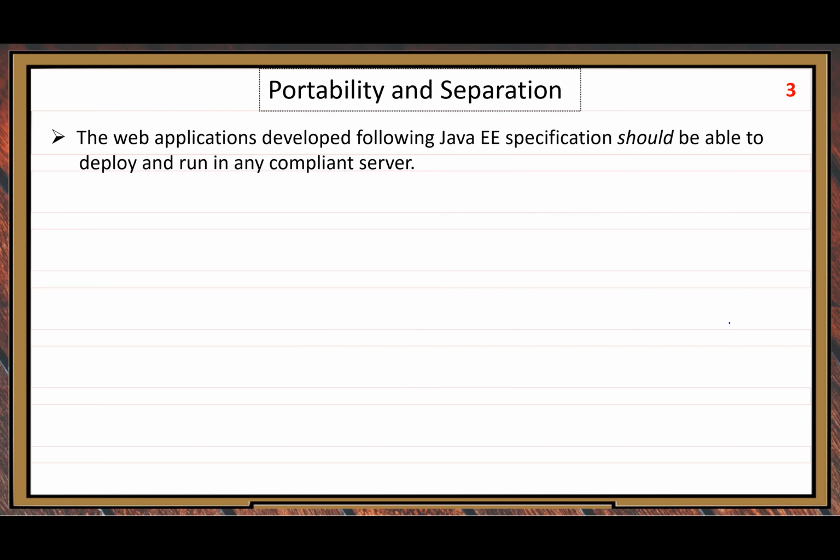This property provides us convenience. When we develop Java web applications, we do not need to worry about the destination servers. We just use Tomcat and make it work in Tomcat.